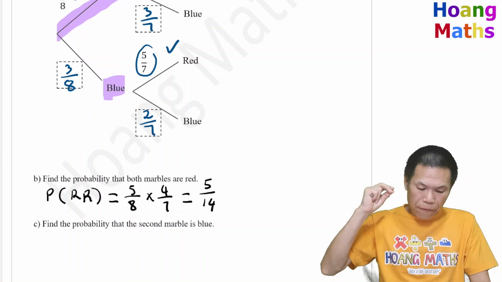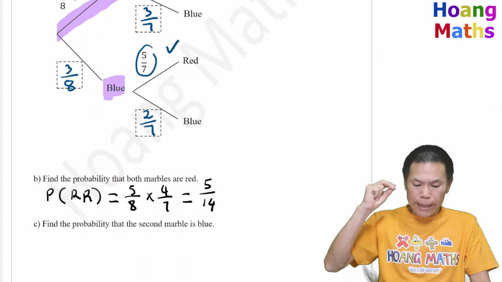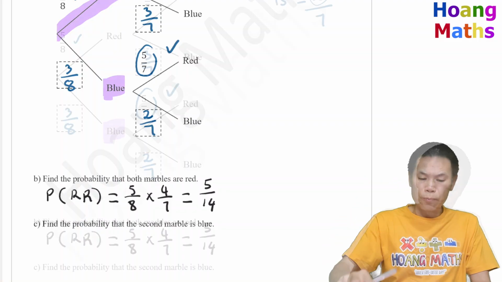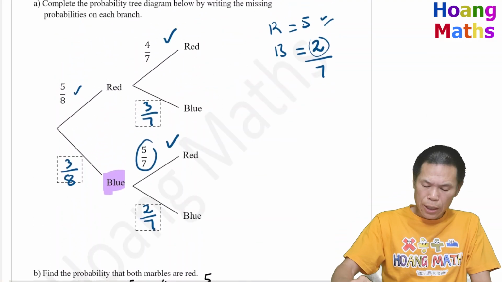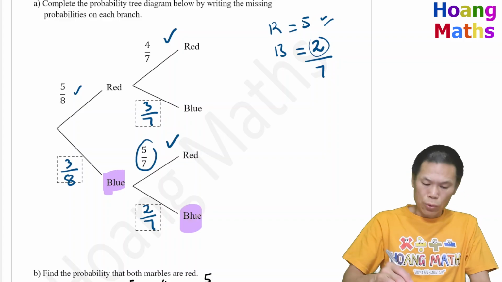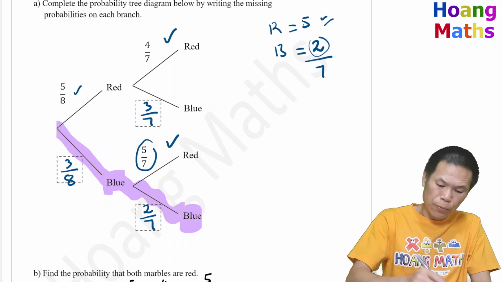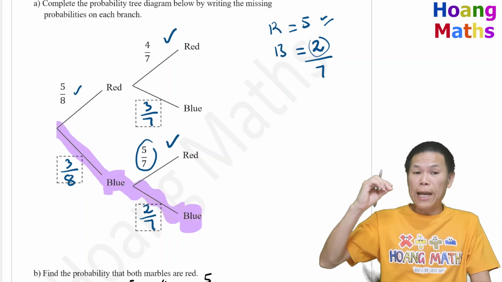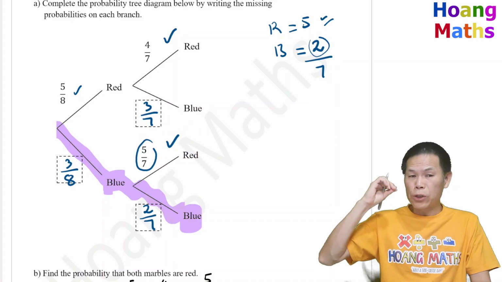Part C. Find the probability that the second marble is blue. So the second draw is blue, and therefore we need these branches. It doesn't matter what color the first one is; we only focus on the second.